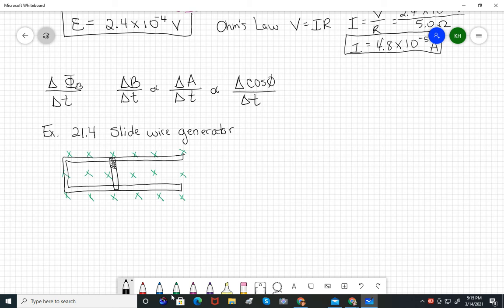I'm going to draw it dark just so you can see it. Notice that would form a closed loop here. You could see this circle. If we pull this with a particular velocity, then as time goes by, we are going to have the bar at a different location.